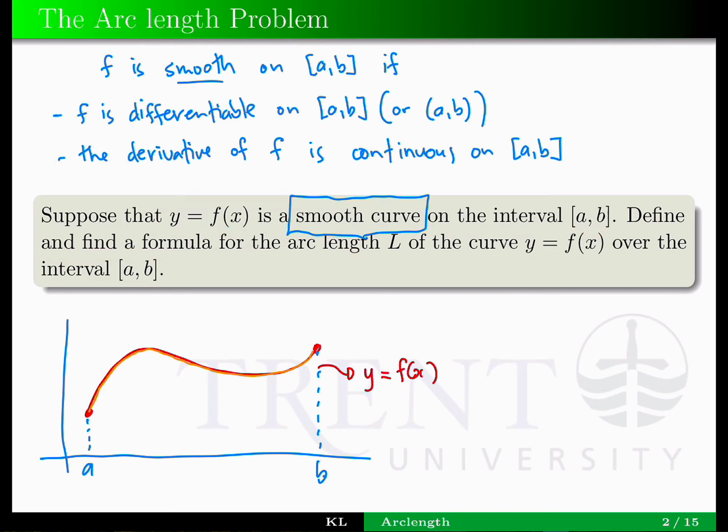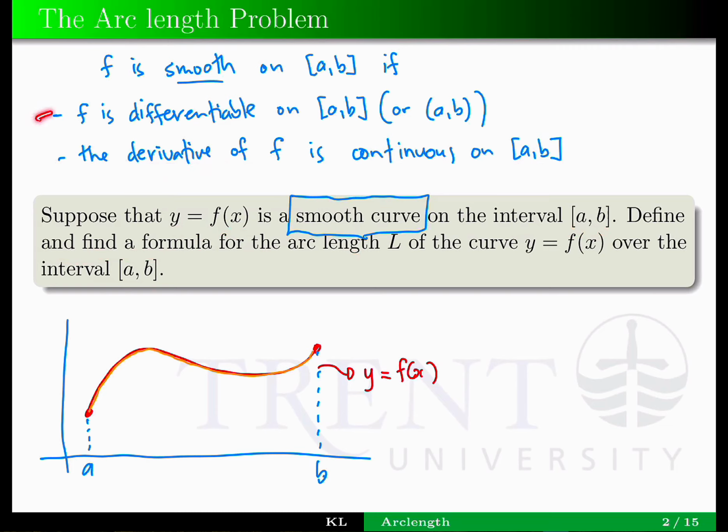Okay? So we know that if f is differentiable, then the function itself is continuous. In here, what we want is that the derivative of f itself, the function f prime, be continuous on the interval [a, b].